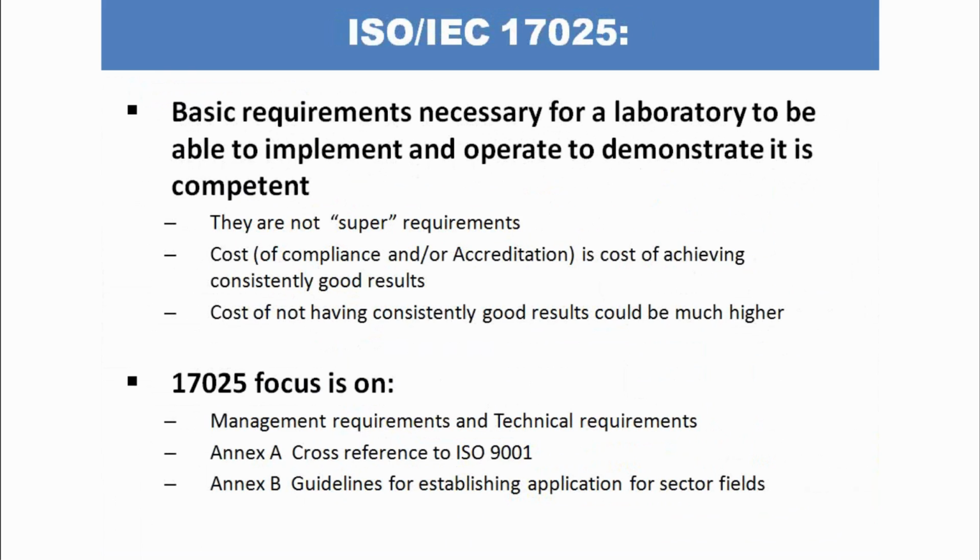Actually, in the 90s, when the standard was being drafted from the ISO Guide 25, ISO 9001 was also under review. So there seemed to have been an intentional act to marry ISO 9001 with ISO 17025. The major difference being that the 9001 happens to now be the management requirements in 17025. And then the technical requirements now go into detail sampling, reporting, environmental conditions, and all of that.